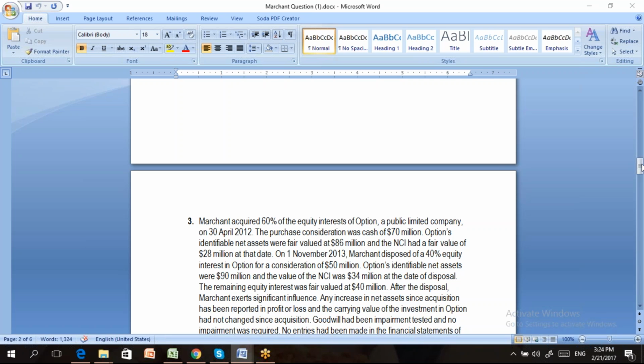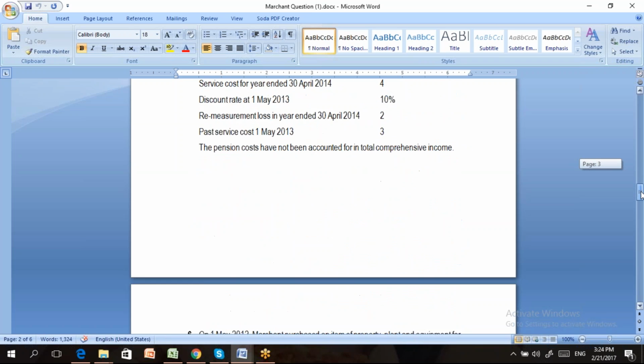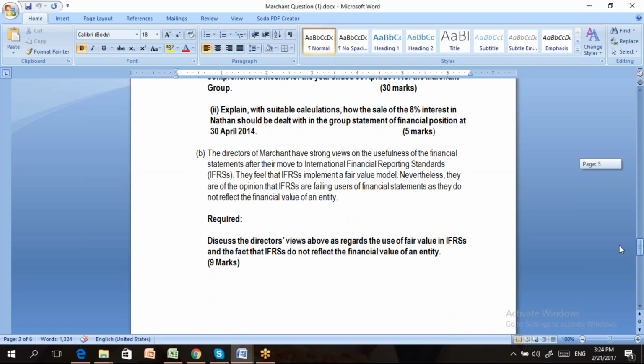This is a typical SEC examiner's question. Directors of Marchant have strong views on the usefulness of the financial statements after they have moved to international financial reporting standards. They feel that IFRS implement a fair value model. Nevertheless, they have the opinion that IFRS are failing users of financial statements as they do not reflect the financial value of an entity.